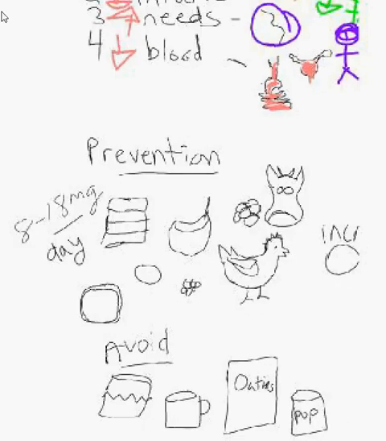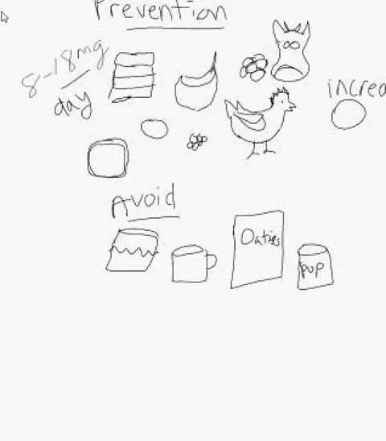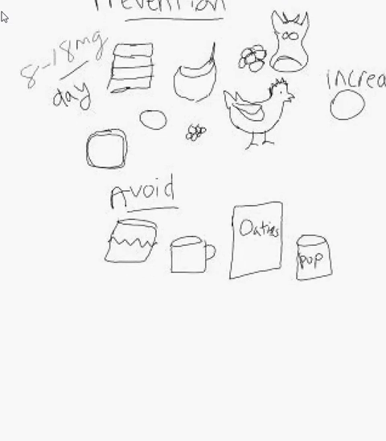In regards to preventing iron deficiency anemia in the first place, we want to make sure groups that are at risk are on supplementation or getting enough in their diet. So 8 to 18 milligrams per day is the recommended requirement based on where you are in the lifespan.